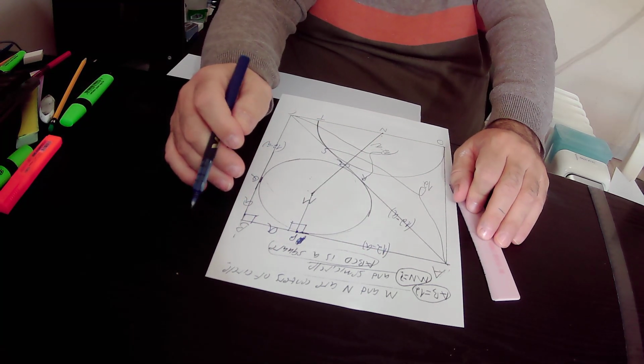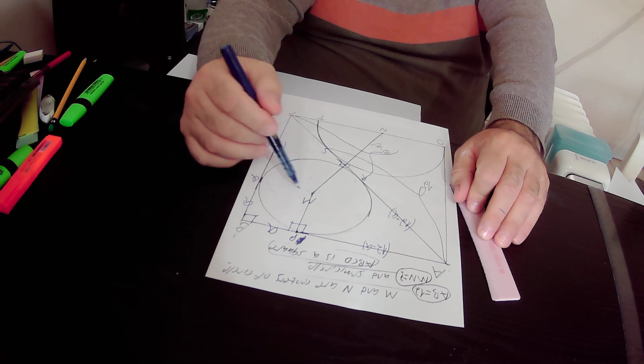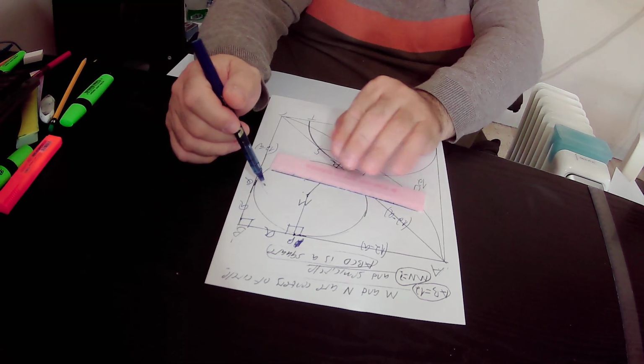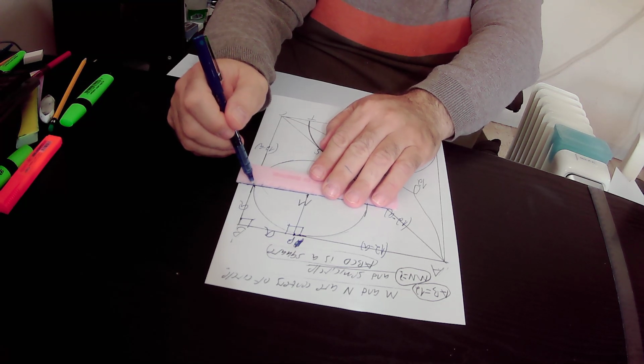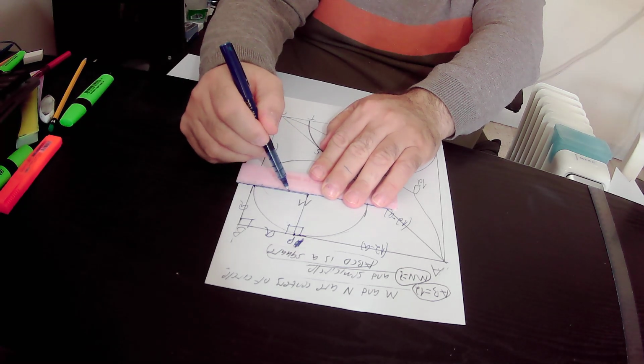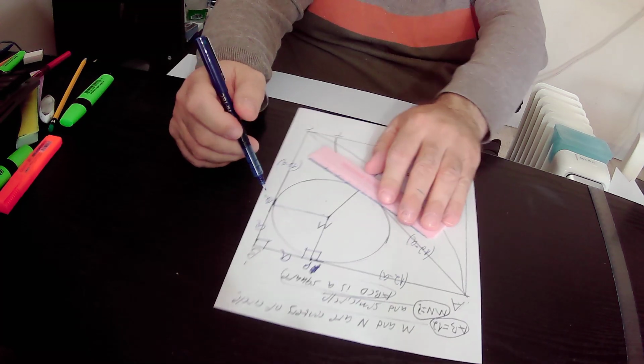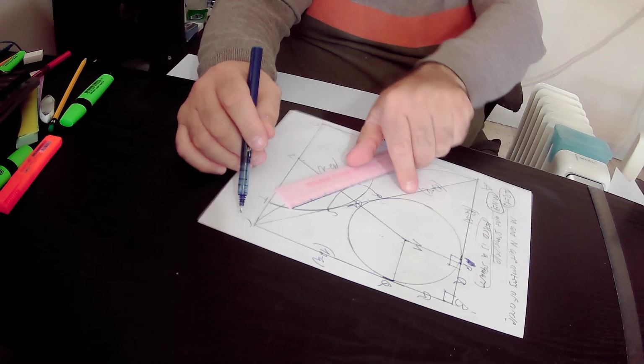And we join points M and Q together by a straight line. Here, line segment MQ.